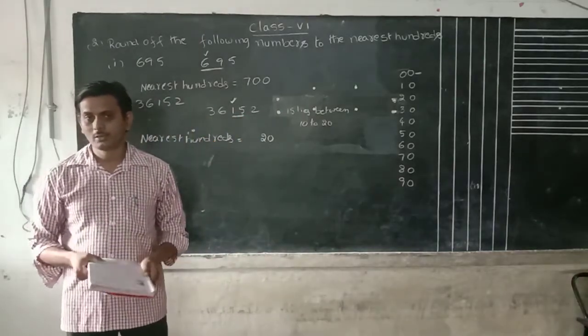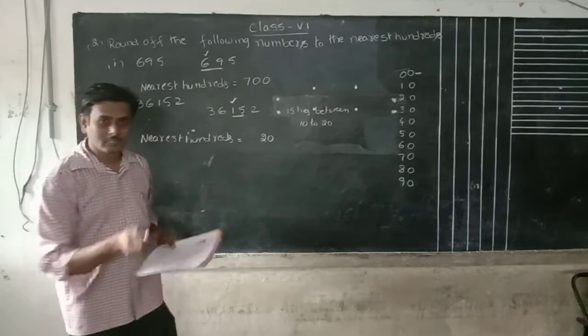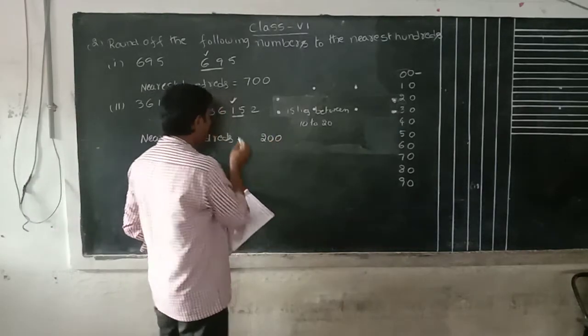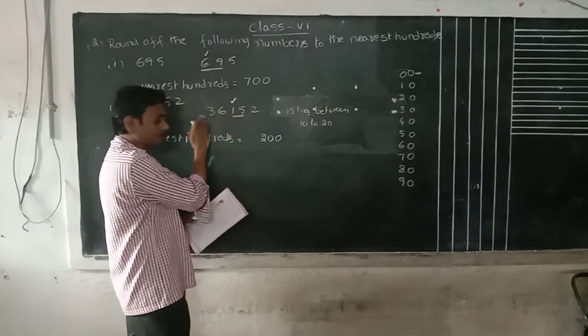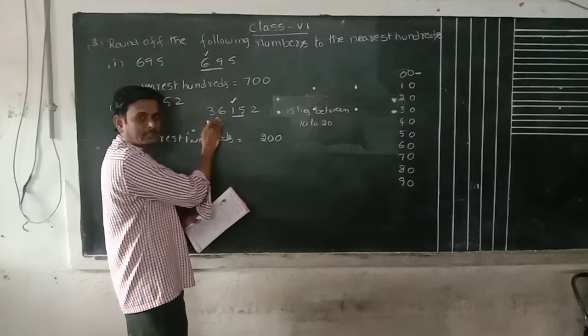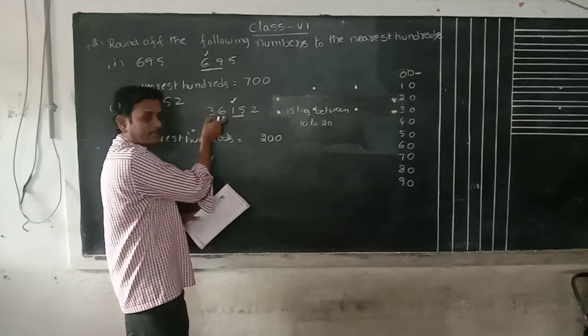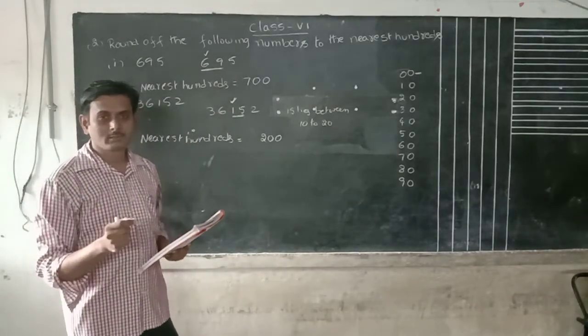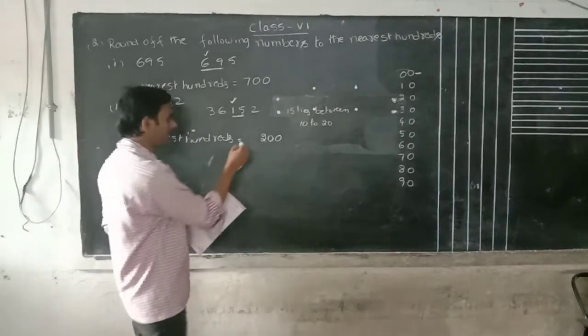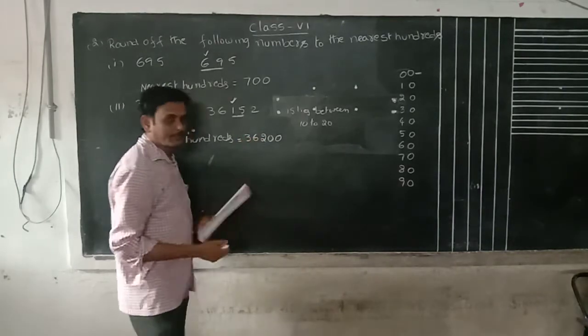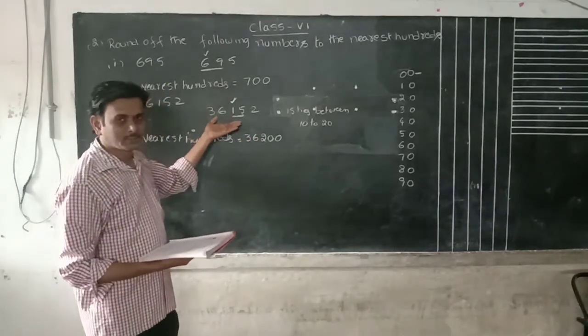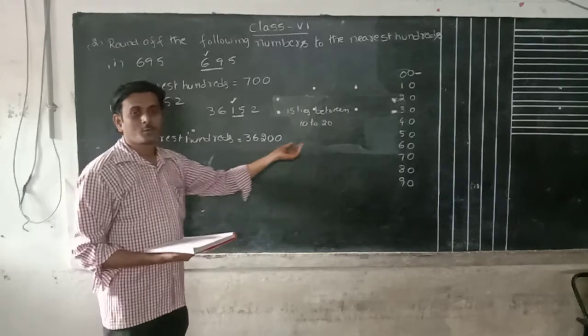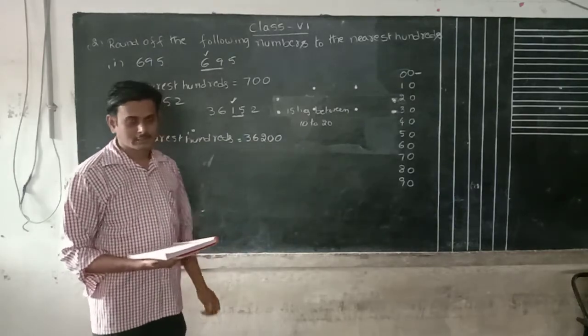Don't confuse left and right. On the right side there is the digit 2, that is, only one digit, so we take one 0. To the left of 15, which digits are there? 3 and 6. The digits on the left side of the underlined number are taken as they are. So the nearest hundreds is 36,200.